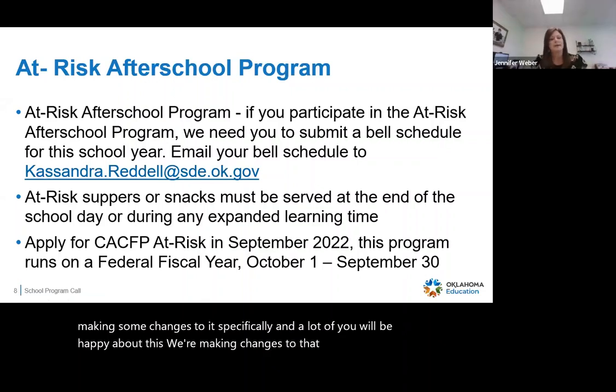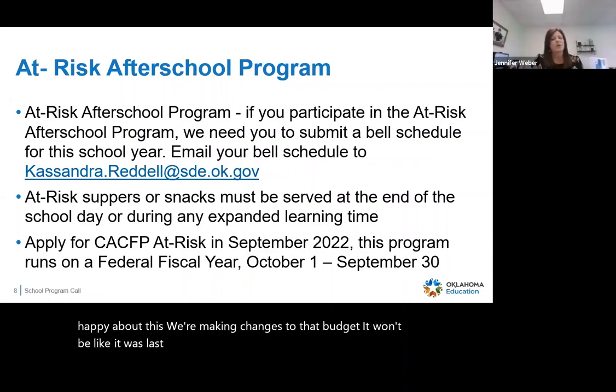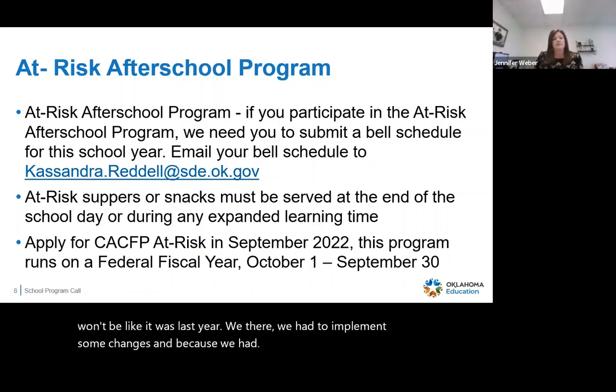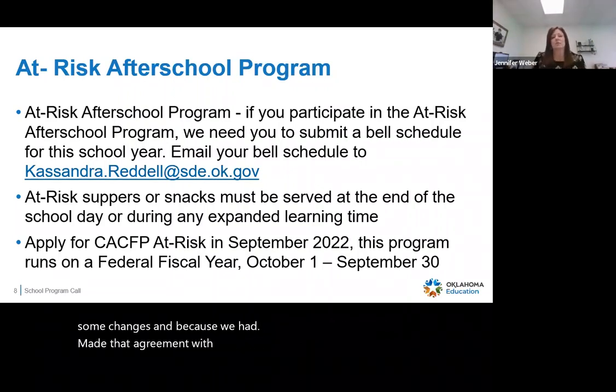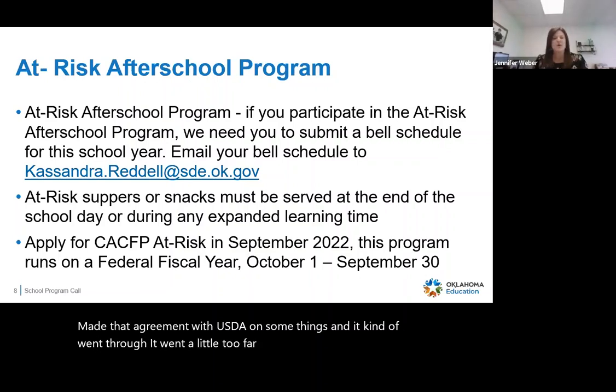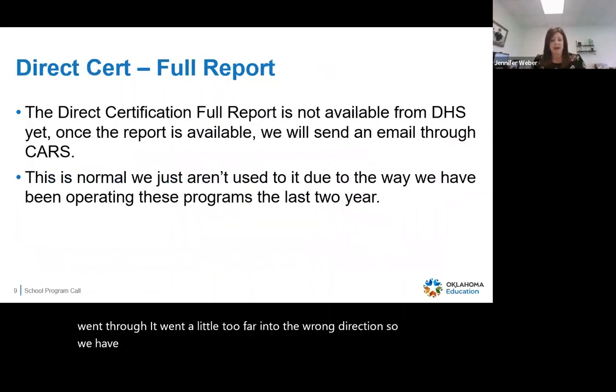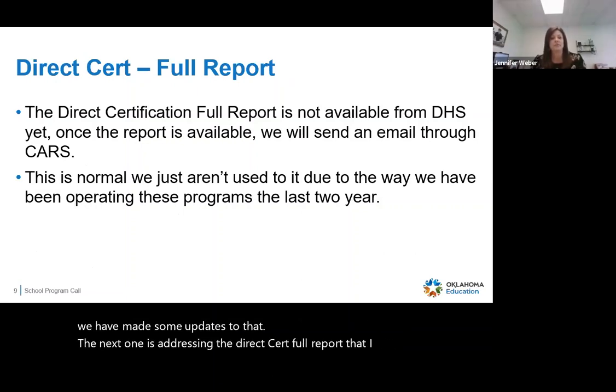It won't be like it was last year. We had to implement some changes because we had made that agreement with USDA on some things, and it went a little too far in the wrong direction. So we have made some updates to that. The next one is addressing the direct cert full report that I also mentioned prior to starting the PowerPoint.